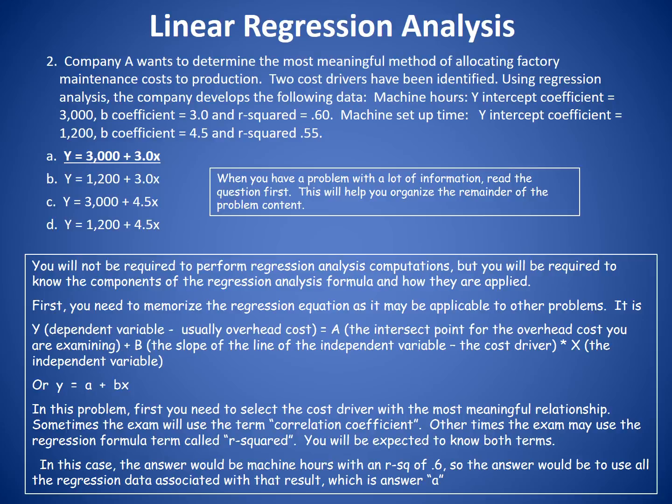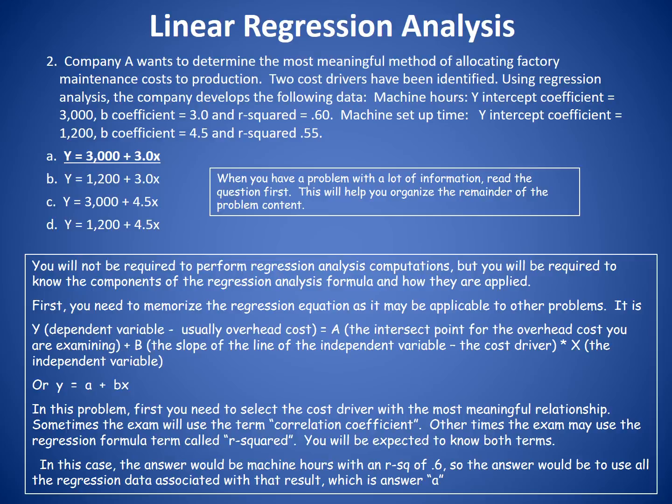Now in this problem, you need to select the cost driver with the most meaningful relationship. Sometimes the exam will use the term correlation coefficient. Other times the exam may use the regression term called R squared, or R2. It means the same thing. You'll be expected to know both of those terms.